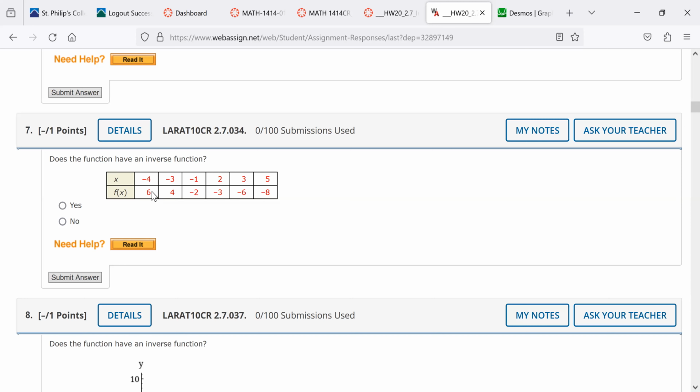So is this function one-to-one? Would it pass the horizontal line test?